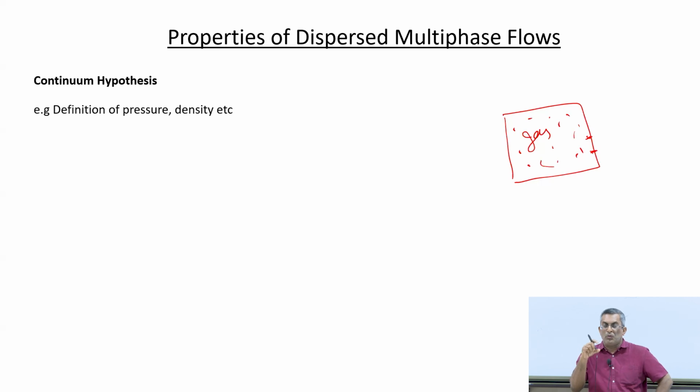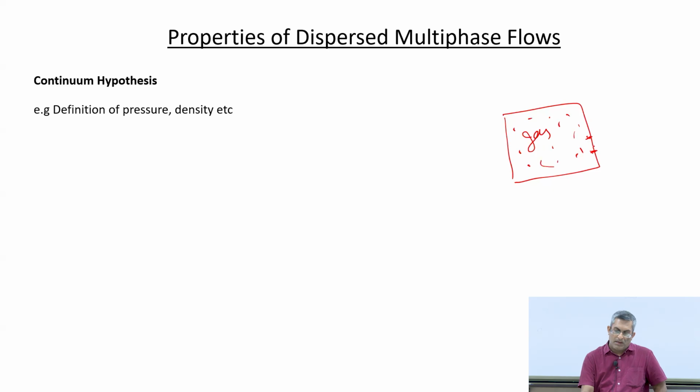But do you expect then the force to be different? Because you have the force because the particles are hitting the wall, and if the number of particles hitting the wall is different, then the force also should be different. So force should be a function of time at a particular location.